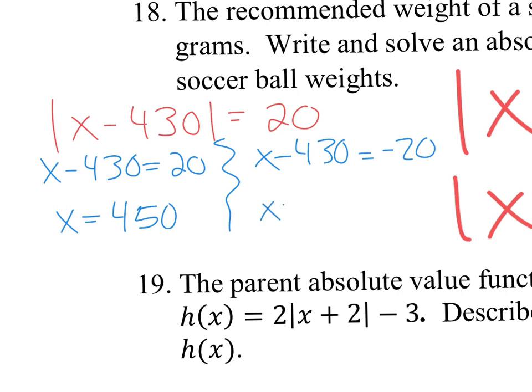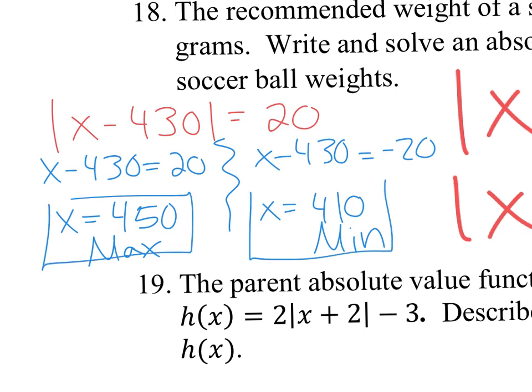And over here, x is going to equal 410. Now, of course, ladies and gentlemen, which is the maximum here? That's right, 450. Good job. And then what's the minimum? There you go. All righty, ladies and gentlemen, voila. There you go. That's it.